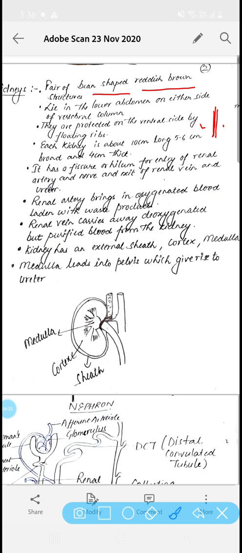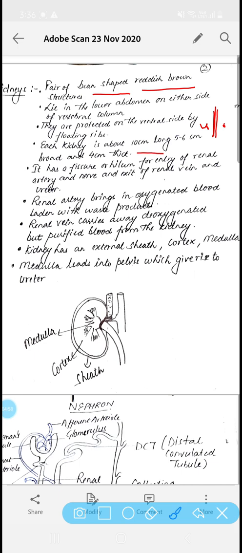Vertebral column means backbone. Backbone की दोनों side में एक एक kidney present होती है, and they are protected on the ventral side by the floating ribs. We all are familiar with the rib cage. These organs are protected by the last ribs called the floating ribs.